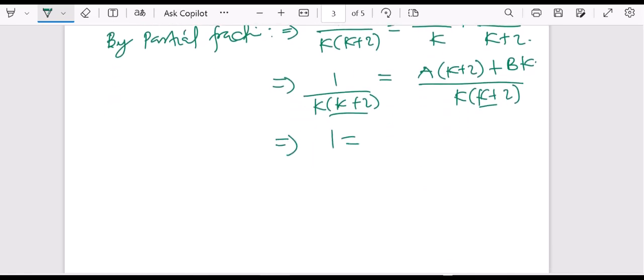So we have 1 equals a(k plus 2) plus bk.